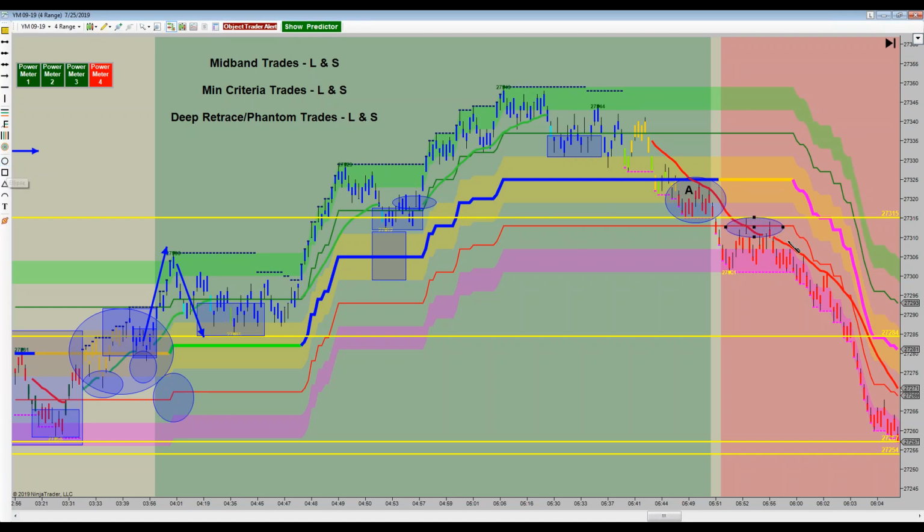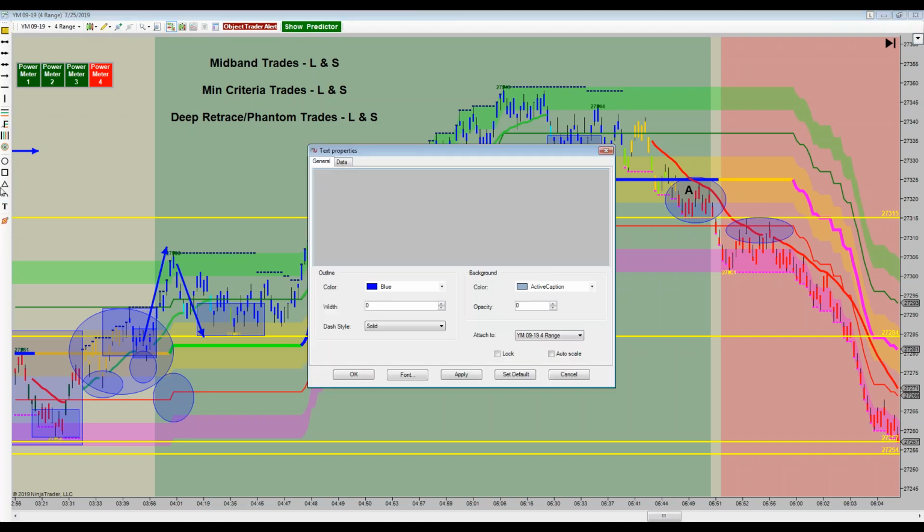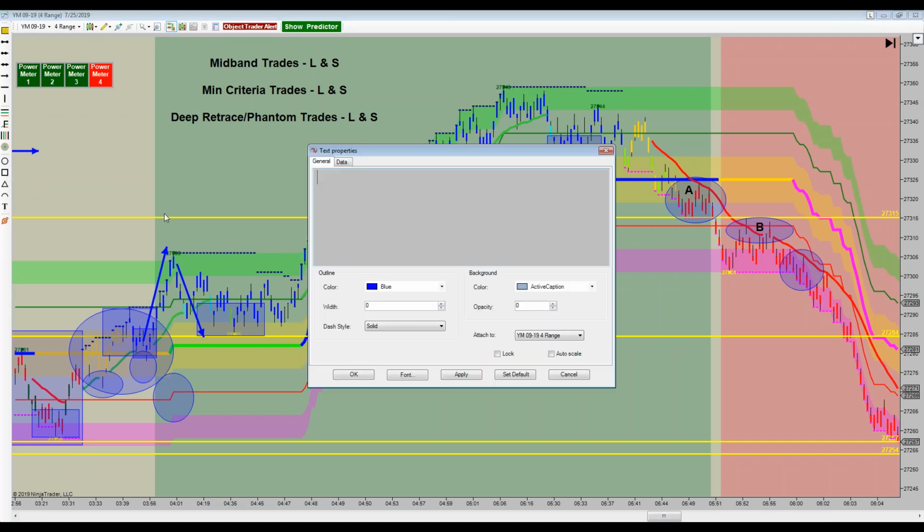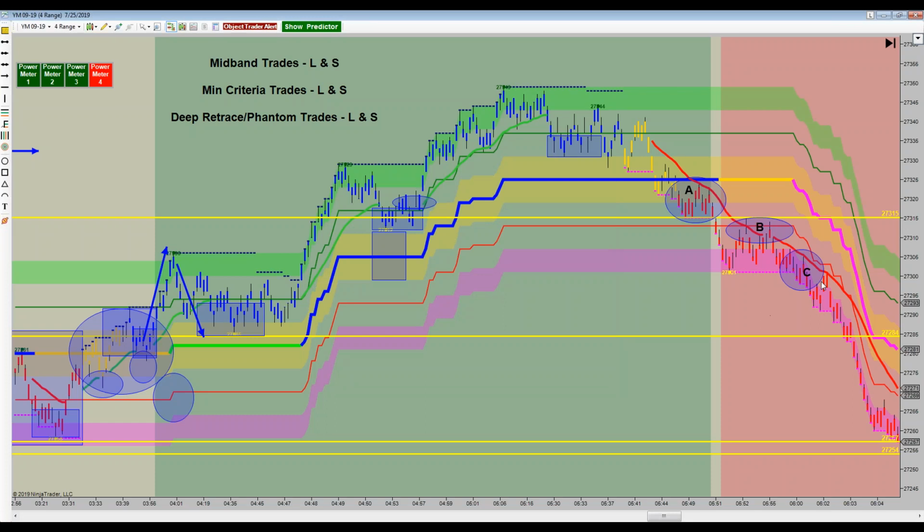I'm going to call this area B. And I'm going to call this area C. Okay? Now let's cast our votes.